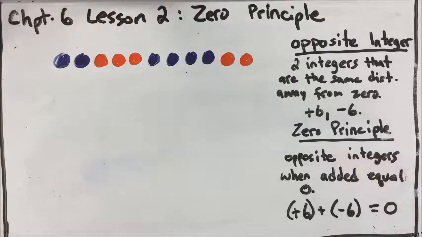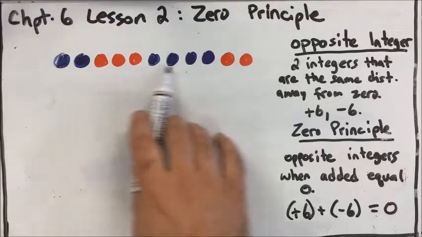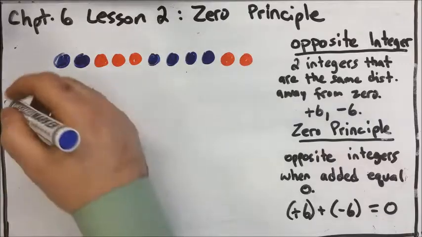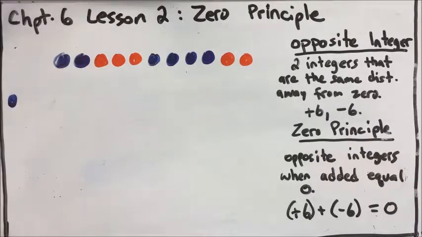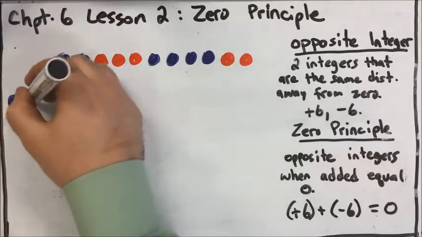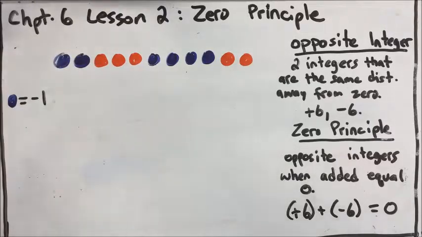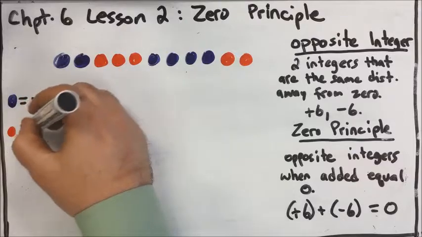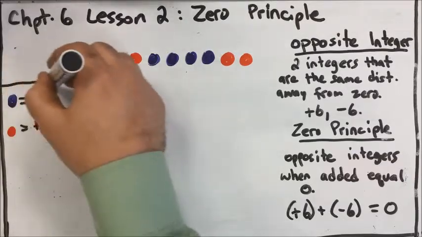So since we know that, if we wanted to add this row, and we know that blue was equal to negative 1, and red we said was equal to positive 1.